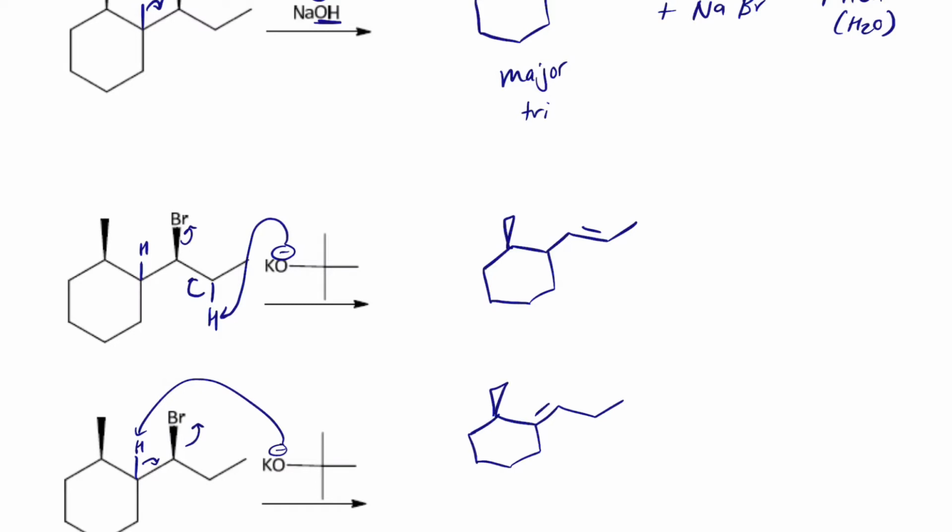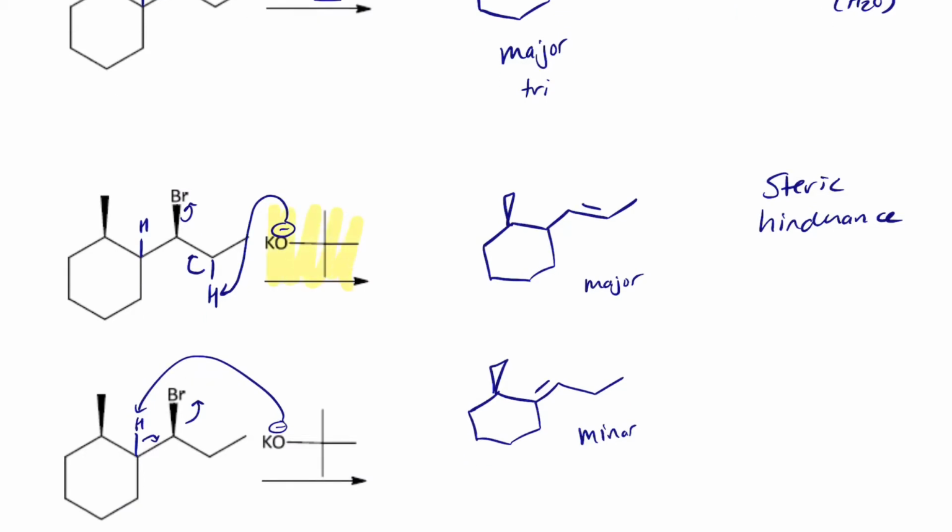Now, this would typically be major because it's tri-substituted. We saw that above, but it's not. This is going to be minor, and this is going to be major. And here's why. It all comes down to steric hindrance. Steric hindrance refers to the ability or the lack of ability of a molecule to react due to a crowded area.